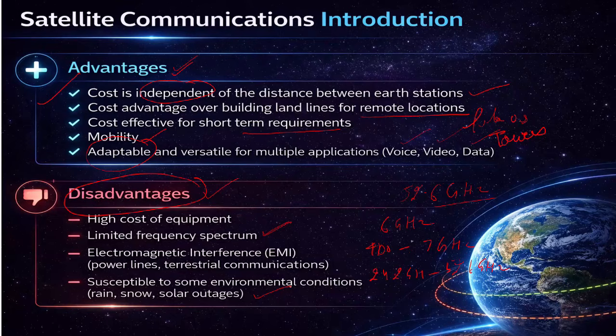So satellite communication offers unmatched global connectivity and flexibility, but it also comes with challenges like cost, interference, and environmental effects. In one line, you can say that satellite communication enables global reach, but requires smart design to overcome its limitations.